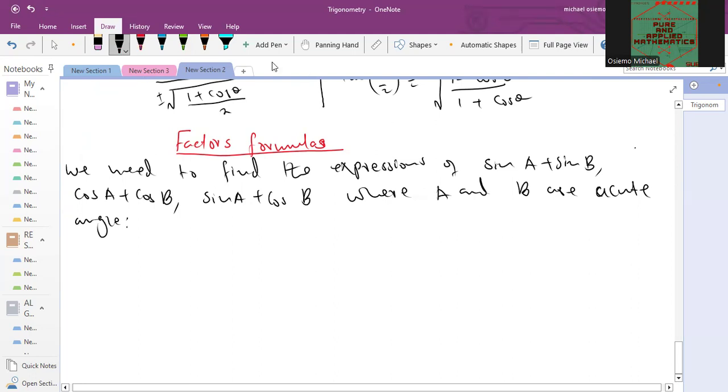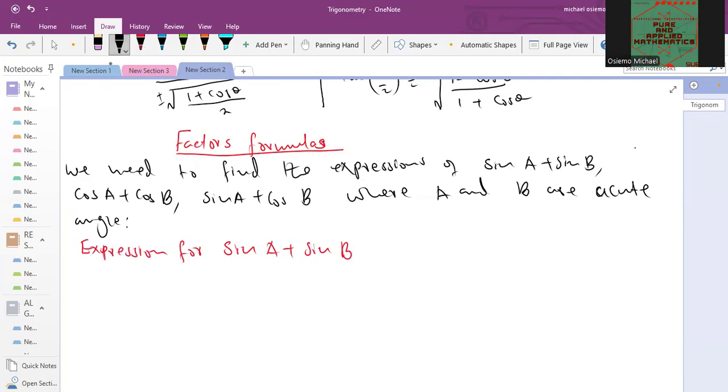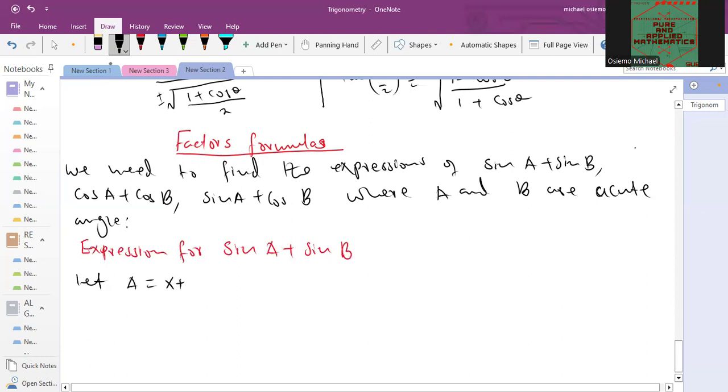So let us check the expression for sin A plus sin B. In this, let A be equal to x plus y and B be equal to x minus y.